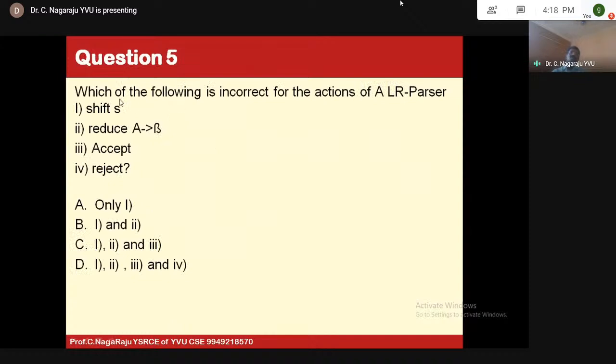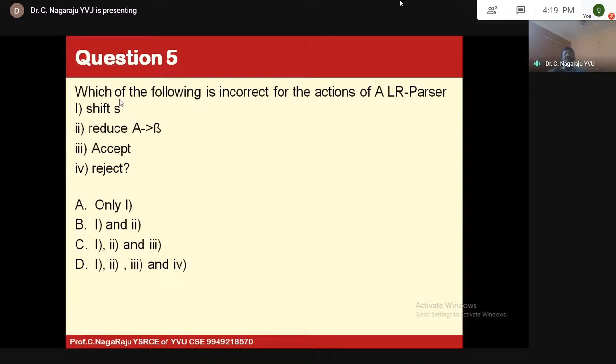Next, question number 5. Which of the following is incorrect for the actions of LR parsing? One is shift S, two is reduce A to B, third is accept, and fourth is reject. Which one is incorrect?